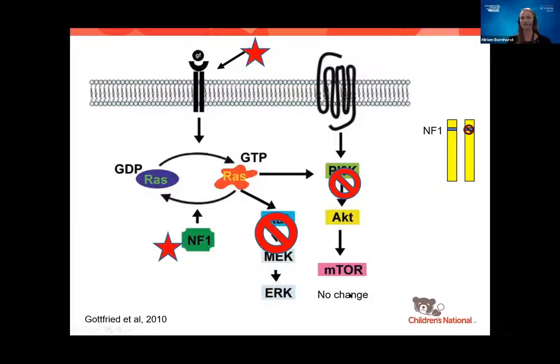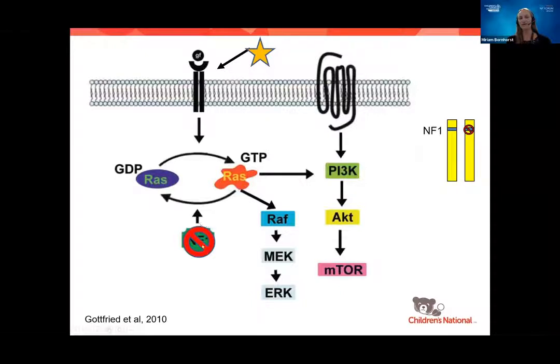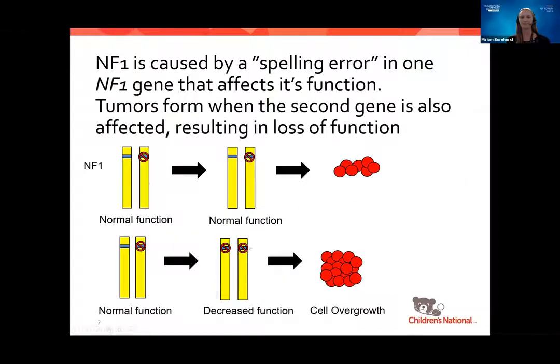The cell does not grow or change or divide. But if a signal comes and the NF1 gene is not doing its job the way that it needs to, the pathway can be active at a time when it's not supposed to be, and you'll have cell growth and division.